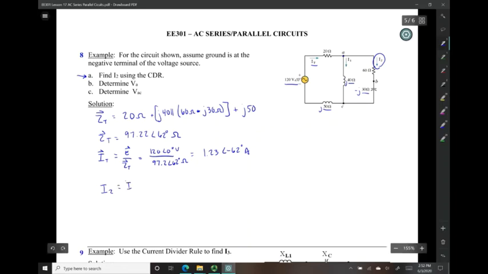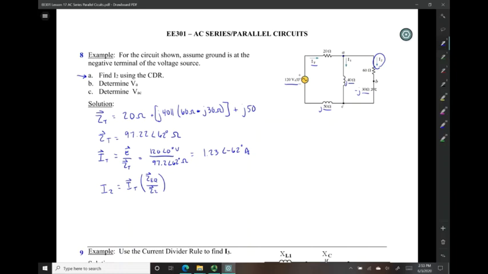Alright, now I can solve for I2 using the current divider rule, which states that I need the total current going into that node, which in this case is IT, times my Z equivalent over my Z2.